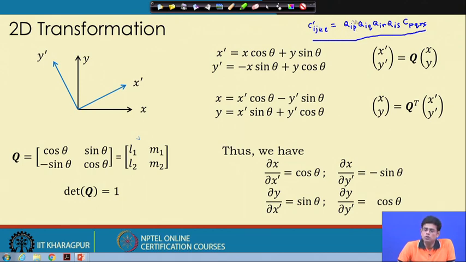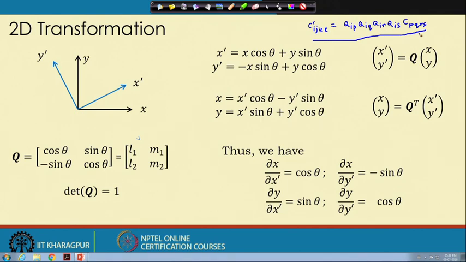Otherwise we have to find the sequence of rotations and do this for all components of C_ijkl. Instead, if I have a simple rotation about an axis, what should be my transformed coordinate matrix? That is my objective here.